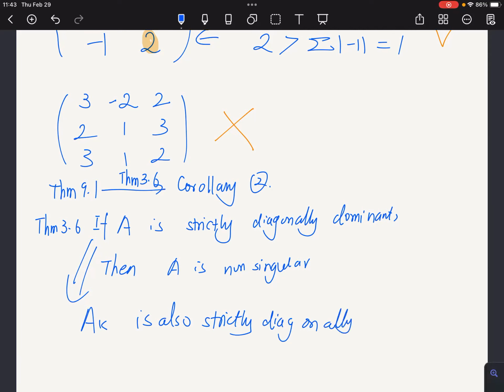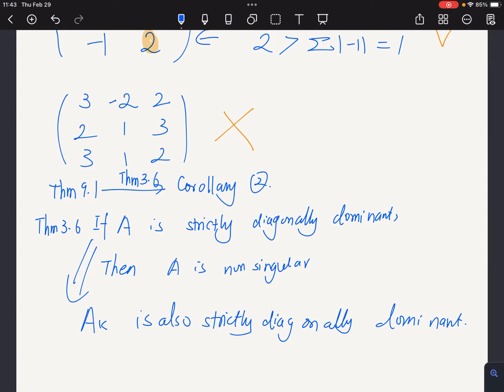So if one matrix is strictly diagonally dominant, we can take a look at the structure of A, and it's easy to see that A_k, the leading principal submatrix, is also strictly diagonally dominant. So with the help of theorem 3.6, we know that each leading principal submatrix is non-singular.